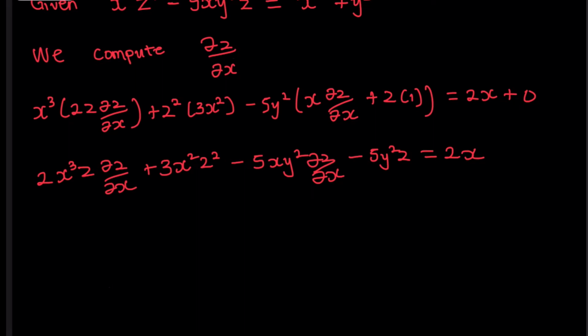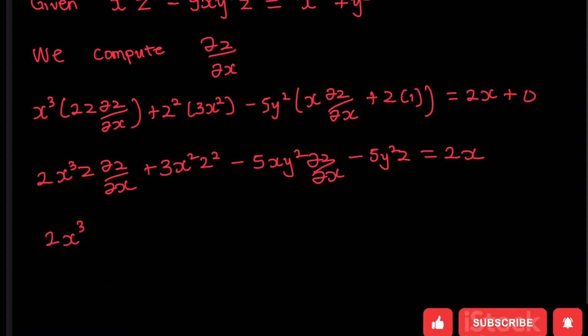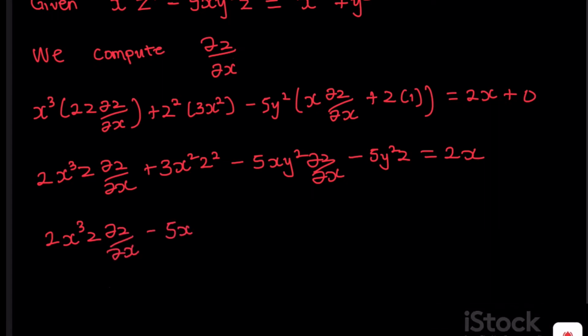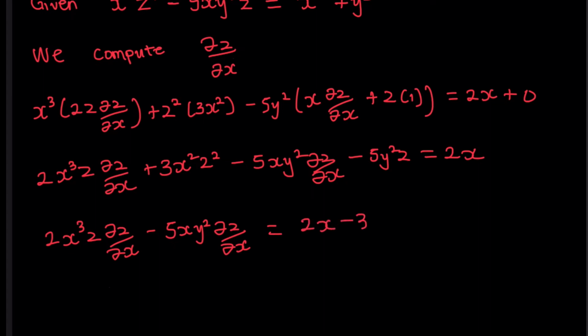Now let's group the terms with ∂z/∂x on one side and the terms without ∂z/∂x on the other side. We are going to have 2x cubed z ∂z/∂x minus 5xy squared ∂z/∂x is equal to 2x minus 3x squared z squared plus 5y squared z.